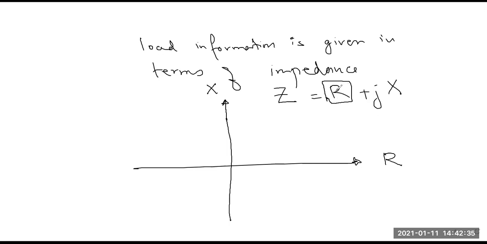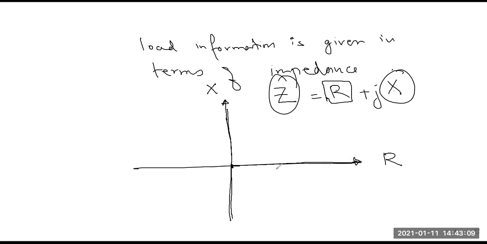So the minimum value of R is 0 and the maximum value is infinity, which means that whatever the load impedance, the real part will be somewhere on this line from 0 to infinity. Whereas the imaginary part, which is representing the reactance of our load, can be capacitive as well as inductive. For inductive load, it will be positive. For a capacitive load, it will be negative. So this X can be either in this region or it can be in this region.